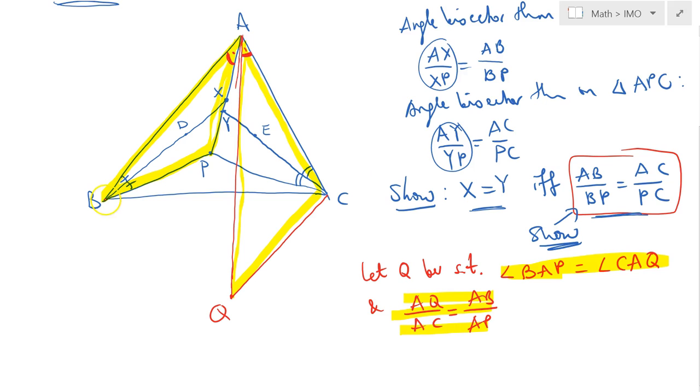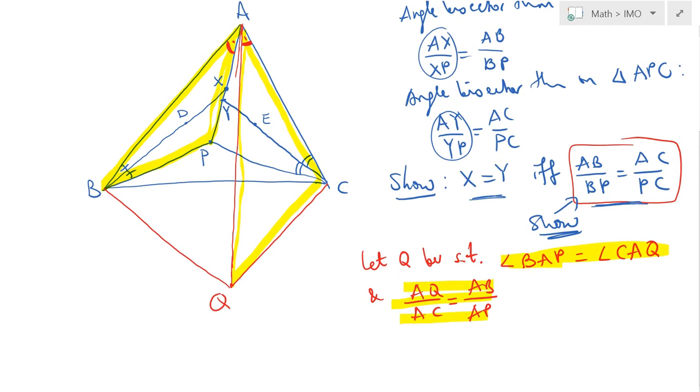In fact, if I connect B and Q as well, first of all we established that these two conditions would imply that triangle BAP is similar to triangle QAC.